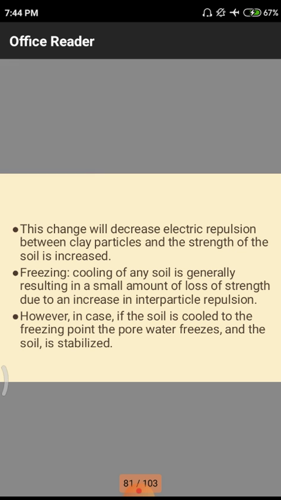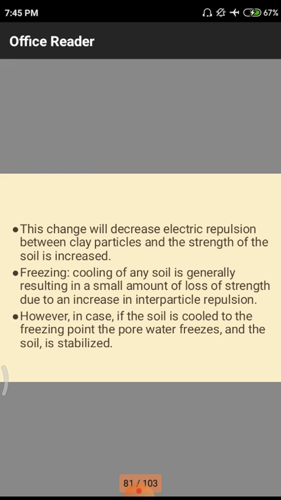And the second point is that the change will be a decrease in electric repulsion between the clay particles, and the strength of the soil will increase. That means normally, at a particular temperature, the total particles are in an inert state. That means there are no free electrons and there is no proper bond formation between the elements.